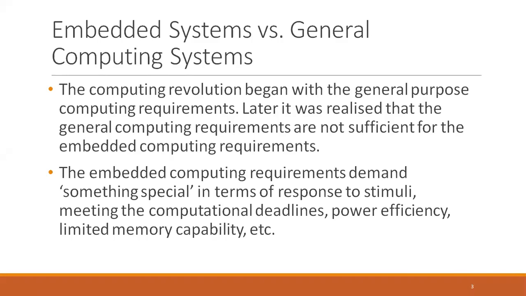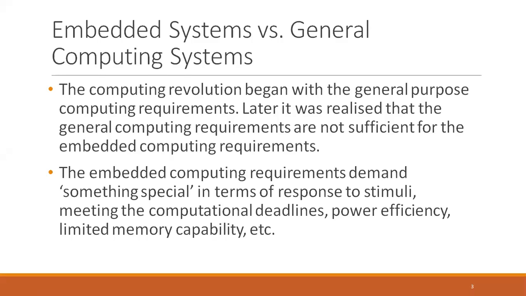So you are looking for power efficiency in an embedded system, whereas in a general computing system you don't look for that, because they are kept in a room which has a 24-hour common power supply.